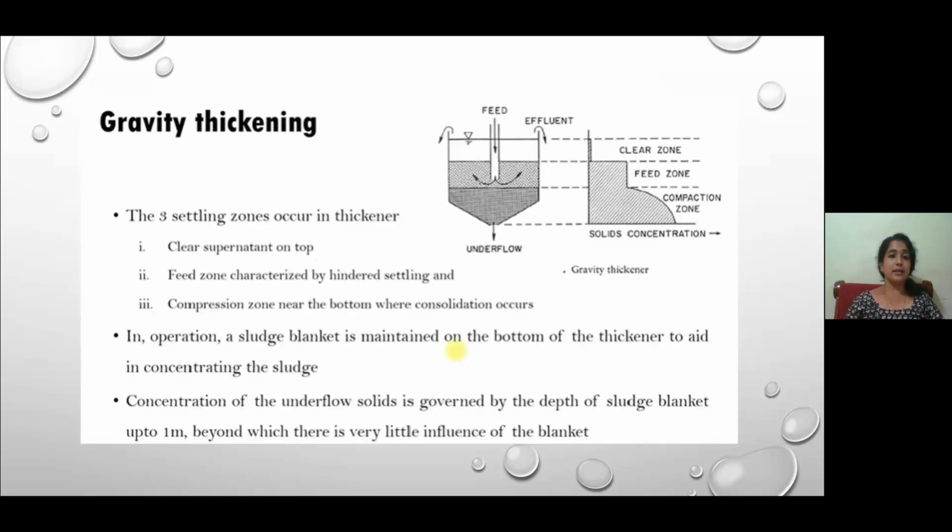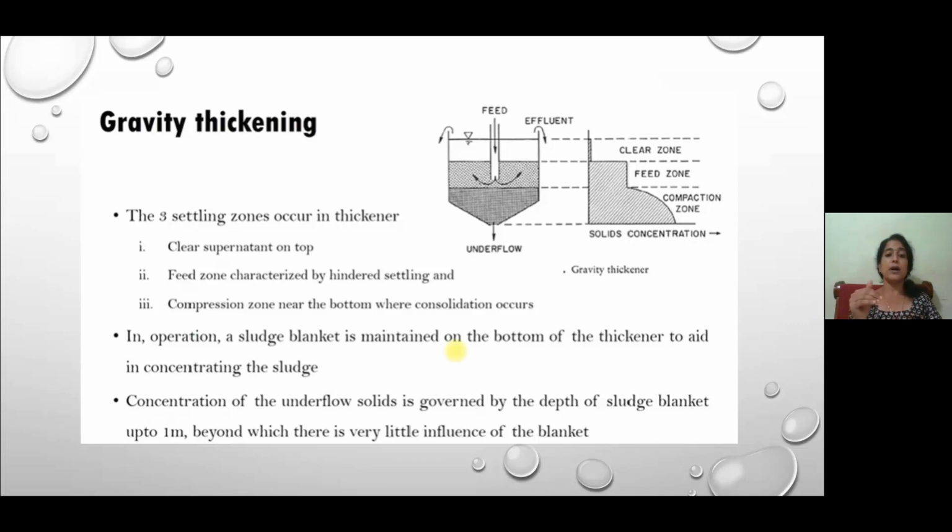You can see the clear supernatant on the top, and there is a feed zone, then hindered settling, and you can see the compression zone where the solid concentration is very high. In operation, a sludge blanket is maintained at the bottom of the thickener to aid the concentrating of the sludge.